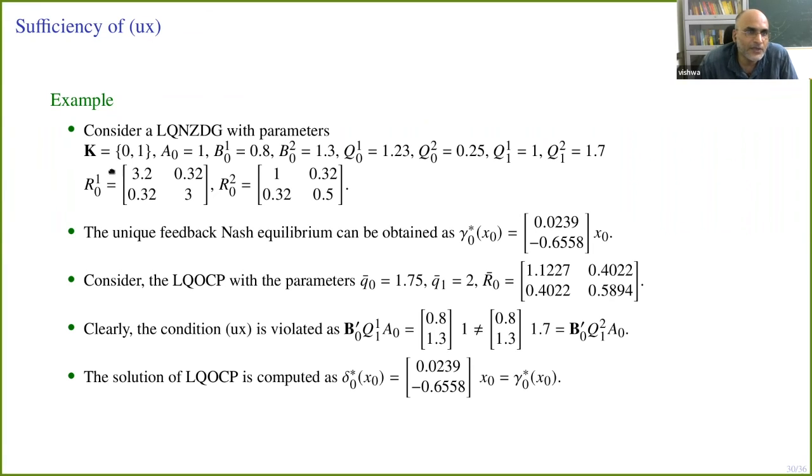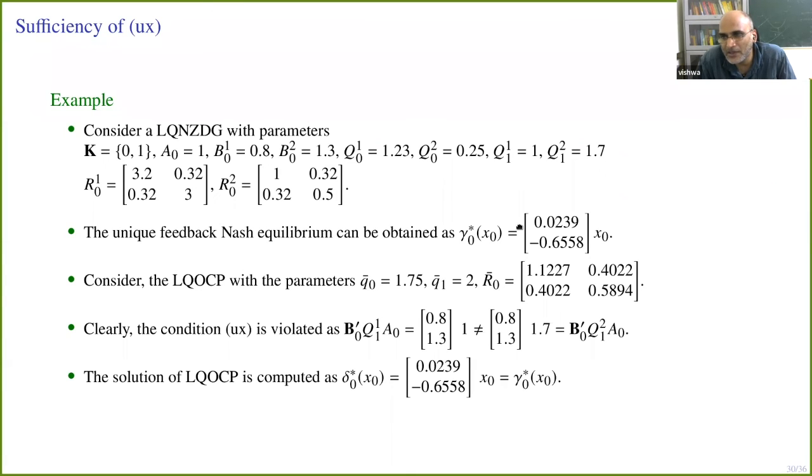Here we see a two-stage game; these are the game parameters, and the feedback Nash equilibrium is computed as follows. Now we consider an optimal control problem with these parameters. Then we see that even if this condition is violated, this optimal control problem actually has exactly the same solution as the feedback Nash equilibrium.